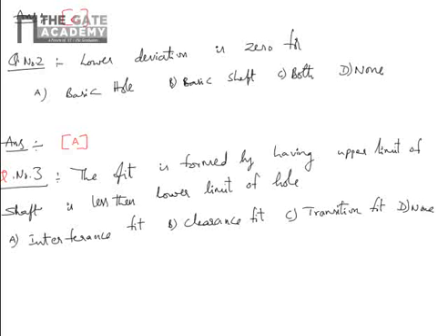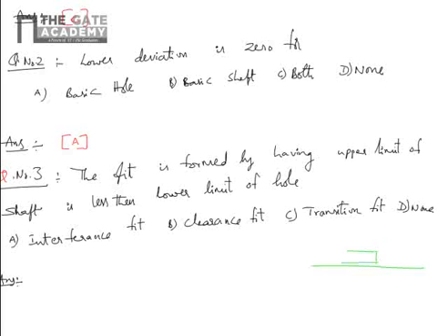If you remember the necessary conditions for clearance fit or interference fit, you can draw the diagram. The fit is formed by having the upper limit of shaft less than the lower limit of hole.